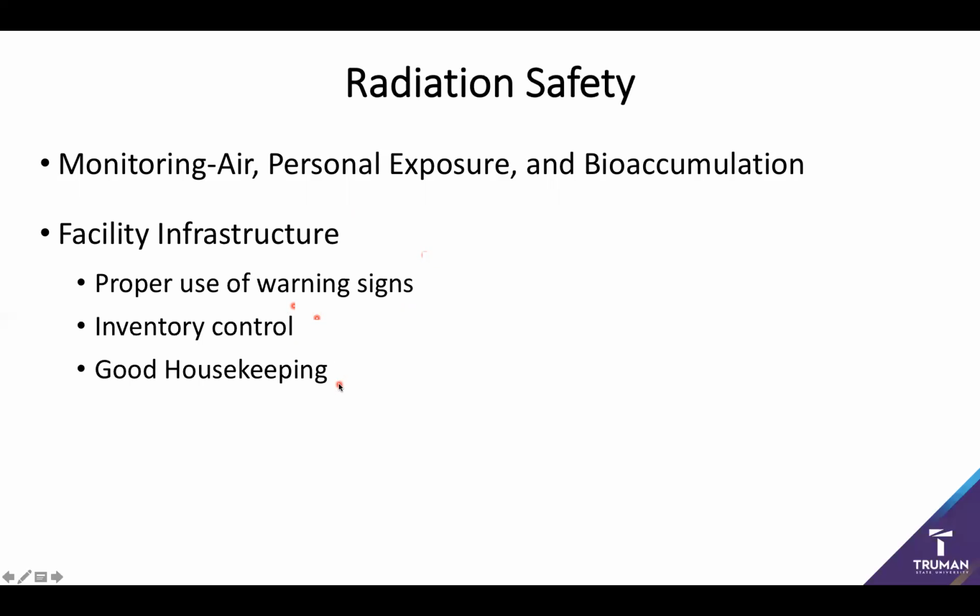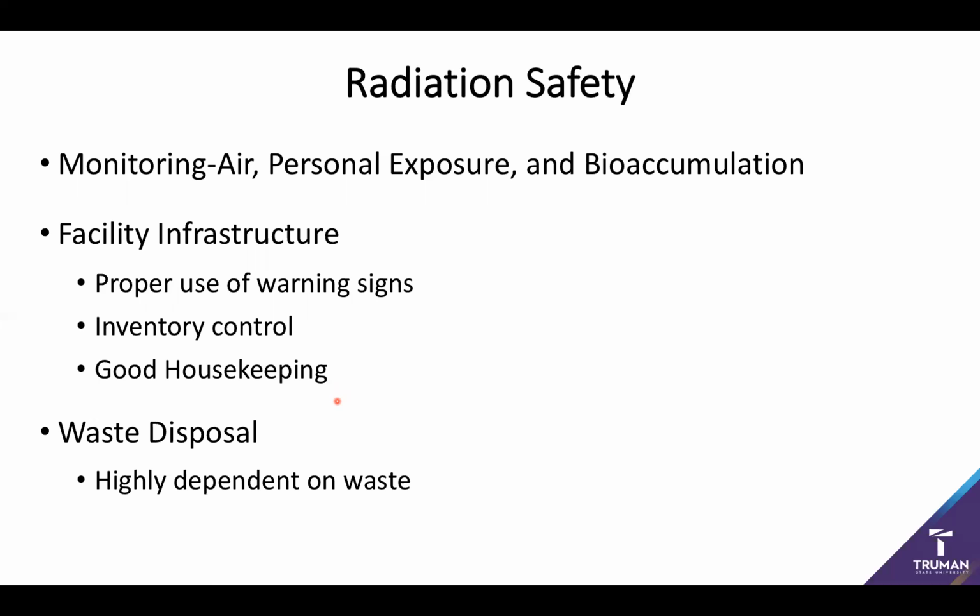But good housekeeping also includes things like regularly cleaning your lab to prevent unintentional ingestion. And again, probably one of the most important things with radiation safety is proper waste disposal, as a lot of radioactive materials, because they can bioaccumulate, need more attention to exactly what happens with your waste than other materials.